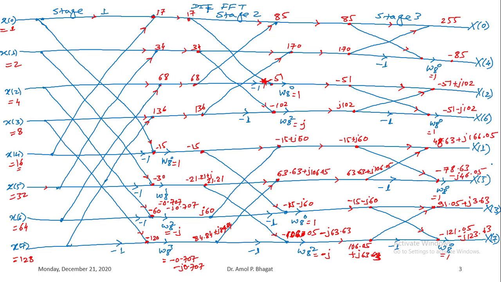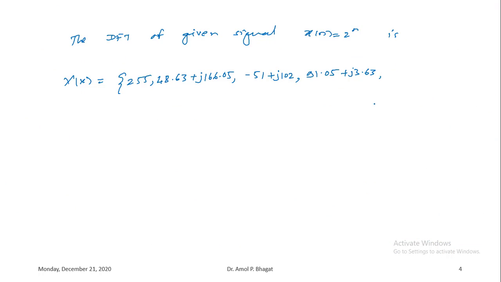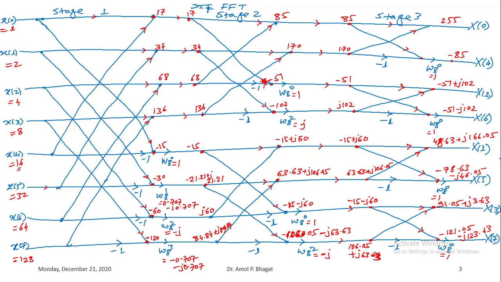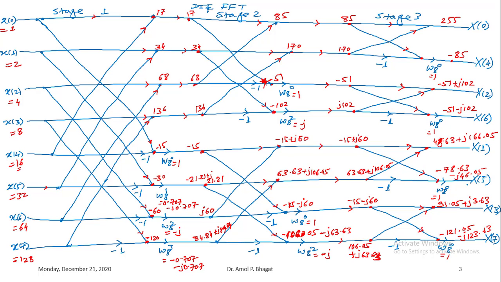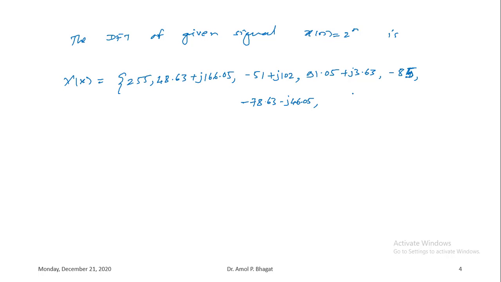Then x of 4 is minus 85, then x of 5 is minus 78.63, minus J46.05, x of 6 is minus 51, minus J102, right?